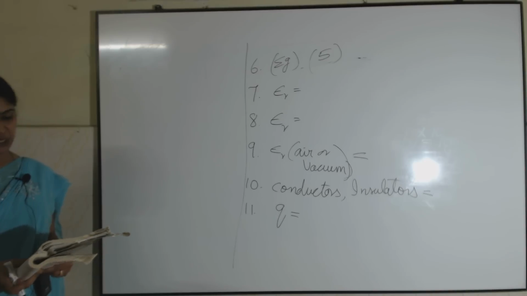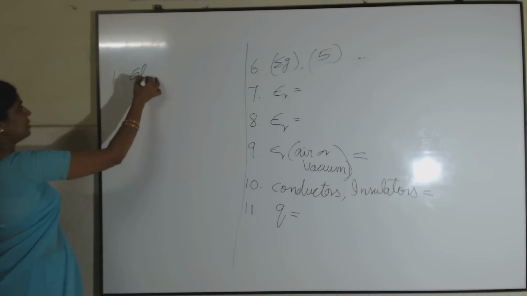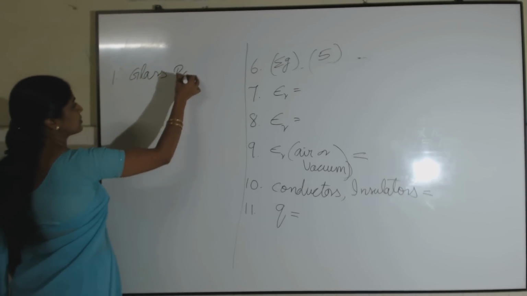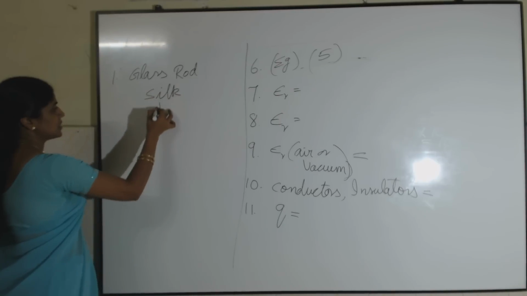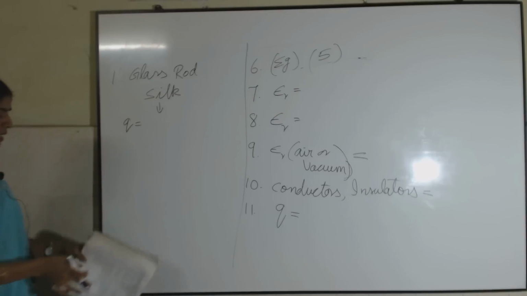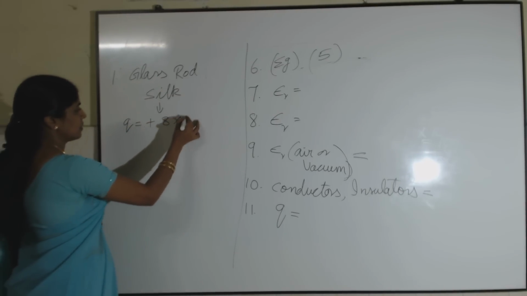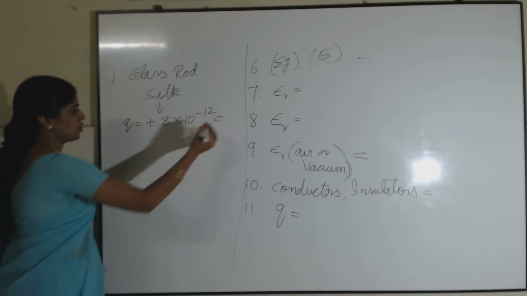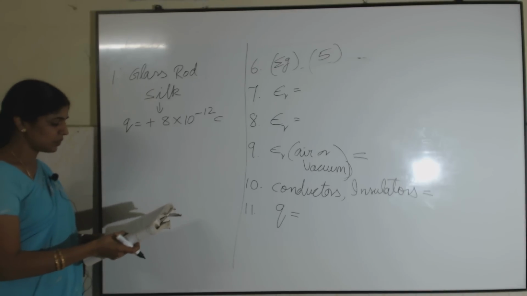The silk acquires a charge of, first question, when glass rod is rubbed with silk, it acquires a positive charge of 8 into 10 power minus 12 coulomb. So the silk acquires a charge of plus 8 into 10 power minus 12 coulomb.